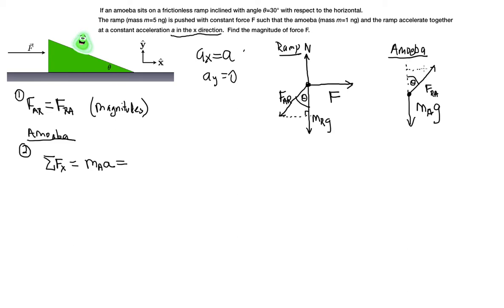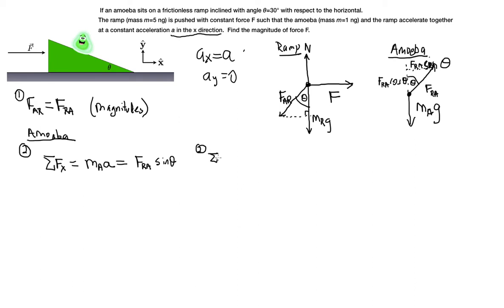So looks like that force is going to run off in the sine theta. And so this one's got to be the cos theta. Okay, so in the horizontal direction, this acceleration has to be provided by F_RA sine theta. That's pretty good. Let's move on to equation 2.